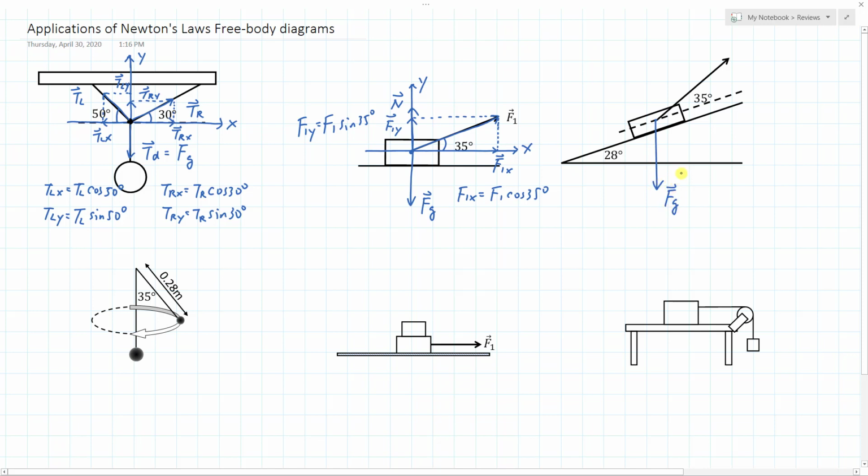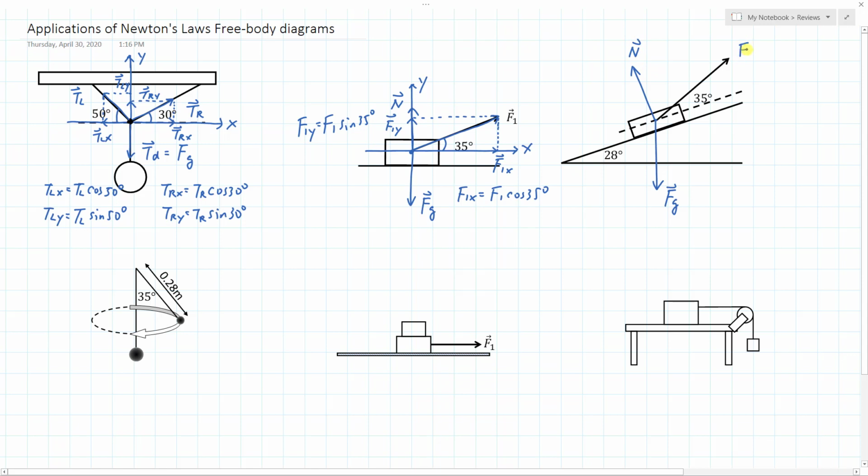Fg or W. And normal force, as I discussed in the previous video, it needs to be away from the surface, perpendicular. So I'm drawing perpendicular from the surface. Not vertical, but perpendicular from the surface.